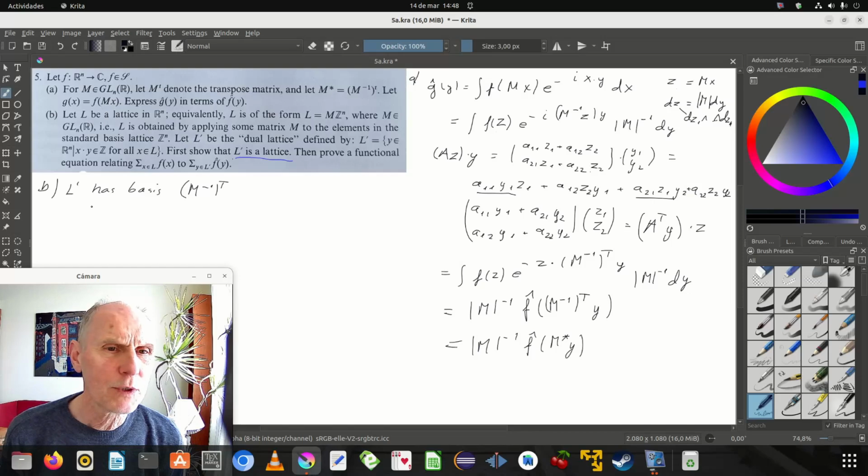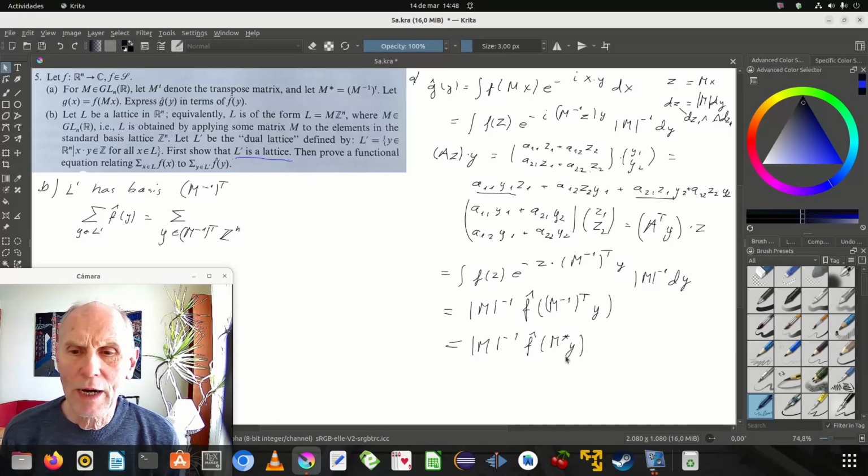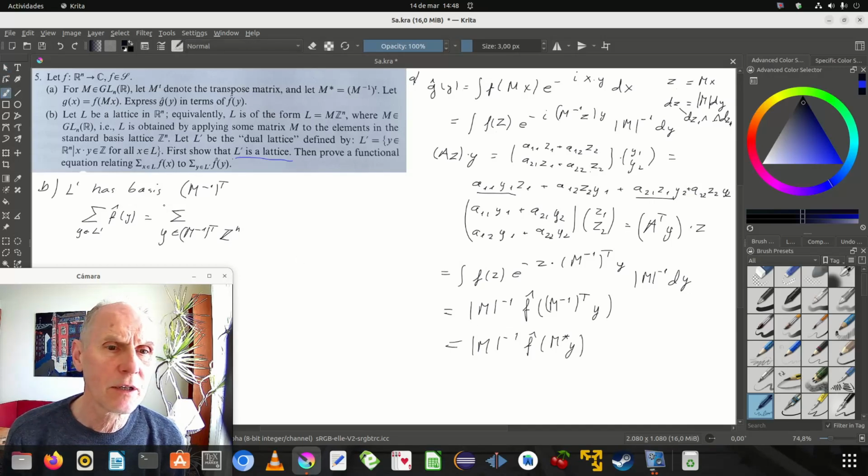And that means that if we sum, then we sum for y, and this is what we sum over, g hat of y, so that we have that here. And this was just m star.